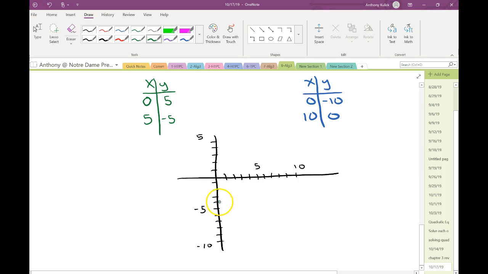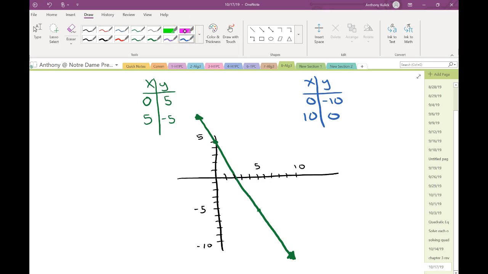So I'll graph the point 0, 5, and then 5, negative 5. Looks like right there. And I'll draw my line. If I wanted to do the goodest job as possible, what should I use to draw this line? A ruler. Okay. I have 0, negative 10, and then 10, 0.